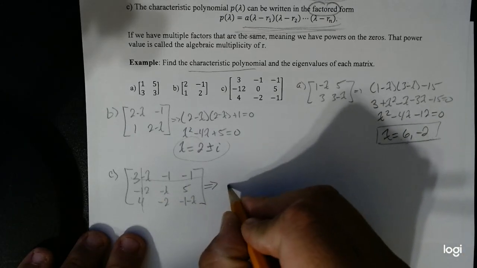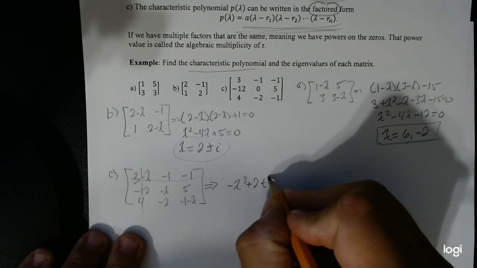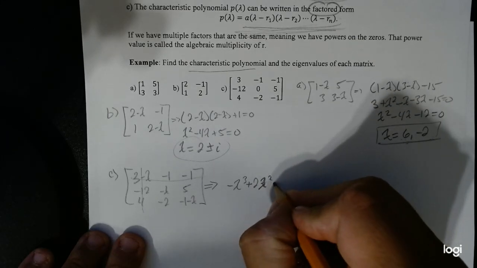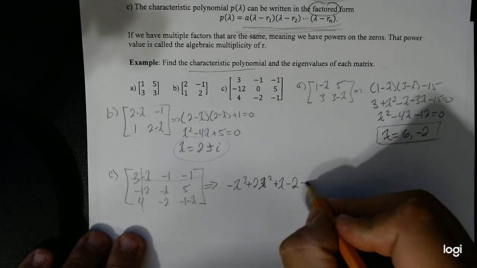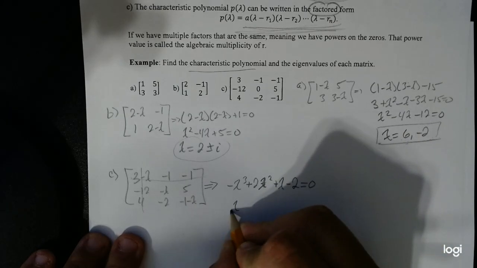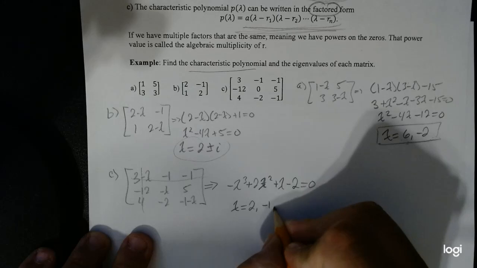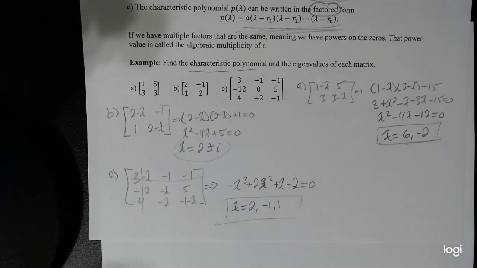But basically it ends up being this. So there's our characteristic polynomial, and this one we actually have three distinct roots.